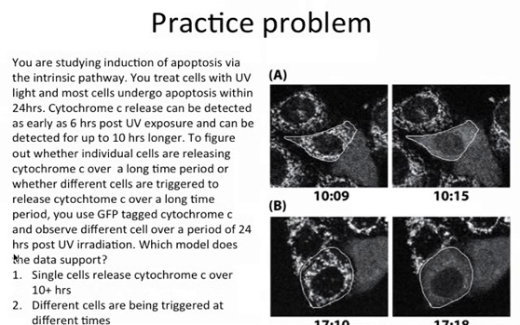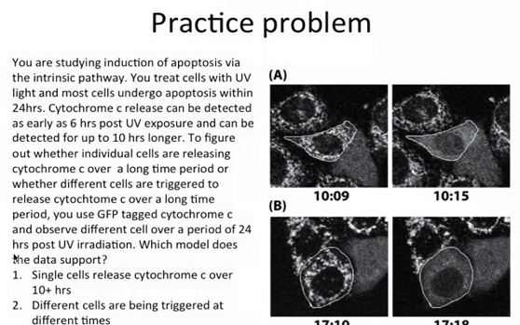And so the question is whether or not individual cells are releasing cytochrome C in small bits over long periods of time. So over that 24-hour period, is the same cell releasing cytochrome C, or are different cells being triggered to release cytochrome C?